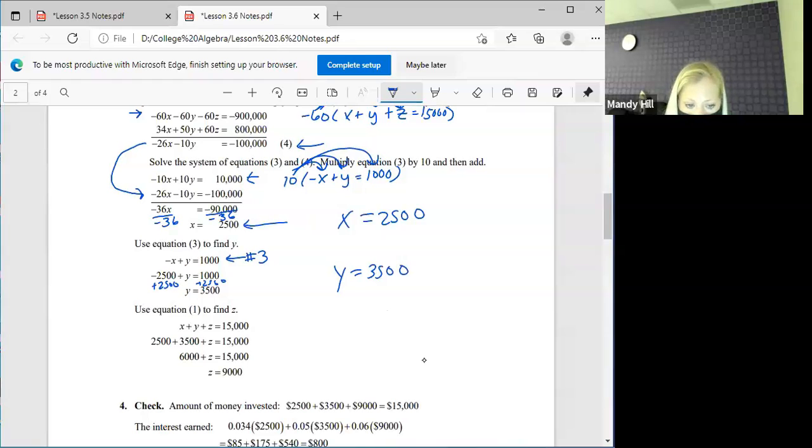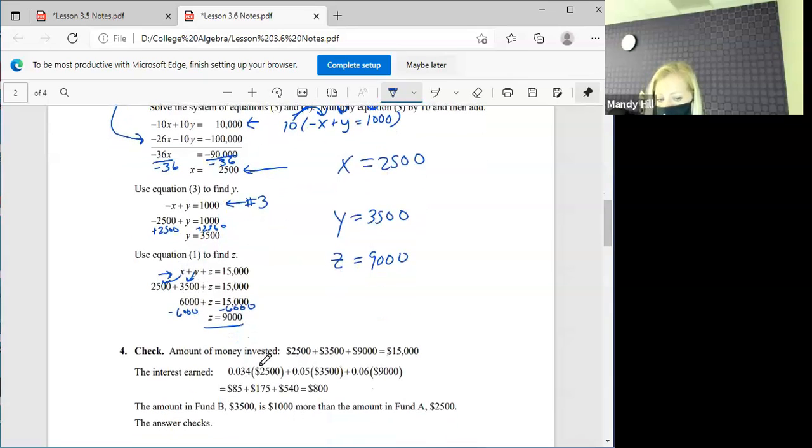Now they said, I'm going to use equation number 1. X is 2,500, y is 3,500. I don't know z, but I'm fixing to find it. They added those two together, and we can subtract 6,000 from both sides and come up with the answer that z is 9,000.